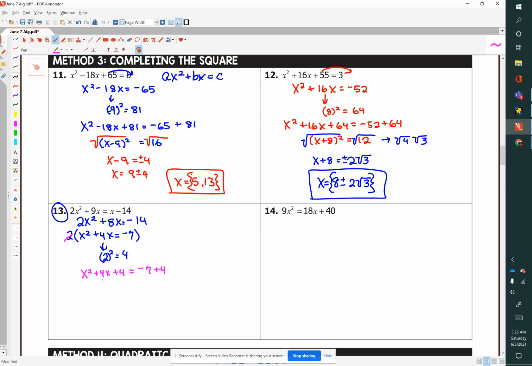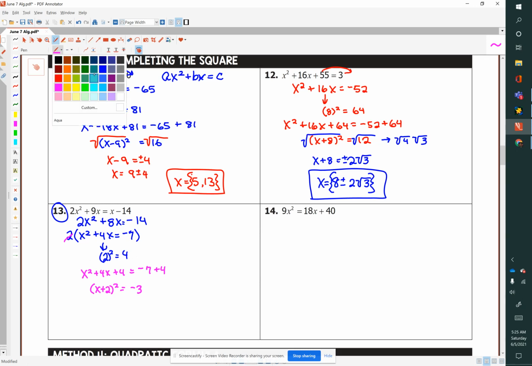And when we factor x squared plus 4x plus 4, we need two numbers that add to 4 and multiply to 4, and that will be 2. So on the left side, we have x plus 2 squared equals negative 3.